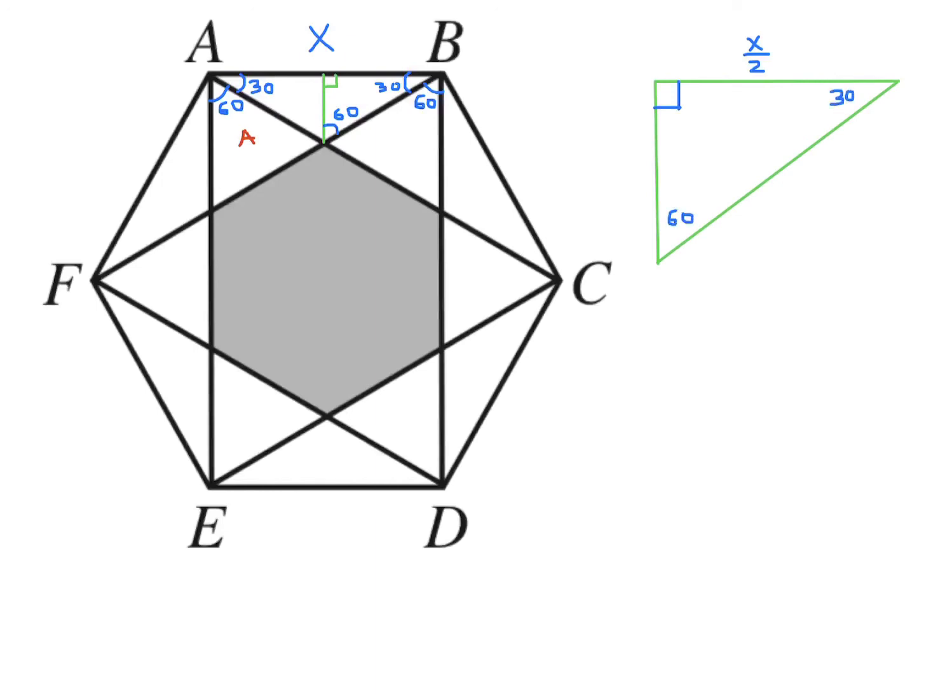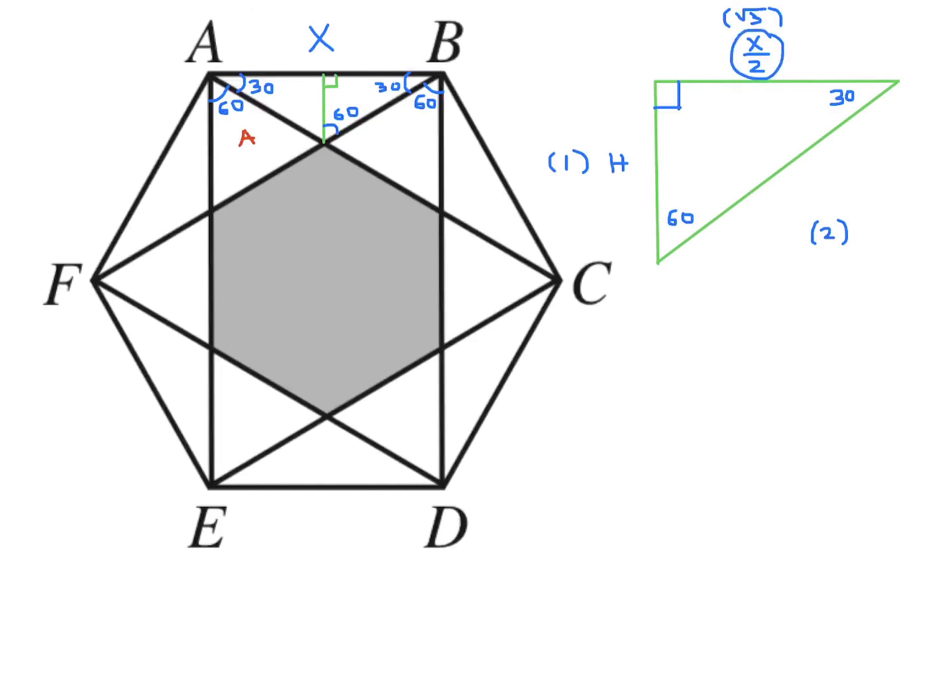And by now, you definitely know that the ratio of the sides are 1, root 3, and 2. So if those are the ratios, we can figure out the other two sides in terms of x. I'll call this guy, let's say, h. Why not? And this side, we don't really need, but we can figure it out later.